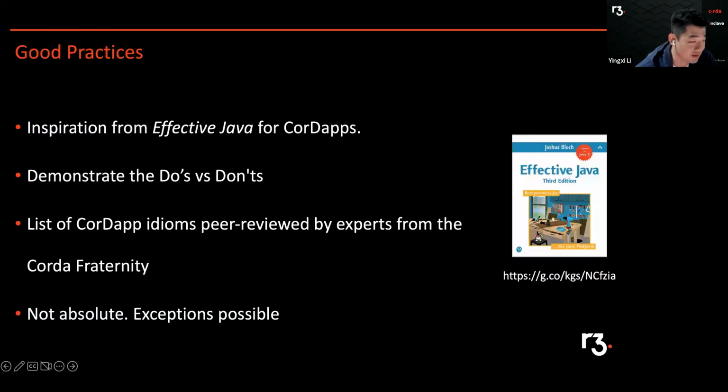It demonstrates the dos and don'ts, with inspiration from Effective Java, for Corda apps. We got it from our peer review with the Corda experts, and those are not absolute. Exceptions are possible. Those are the disclaimers.